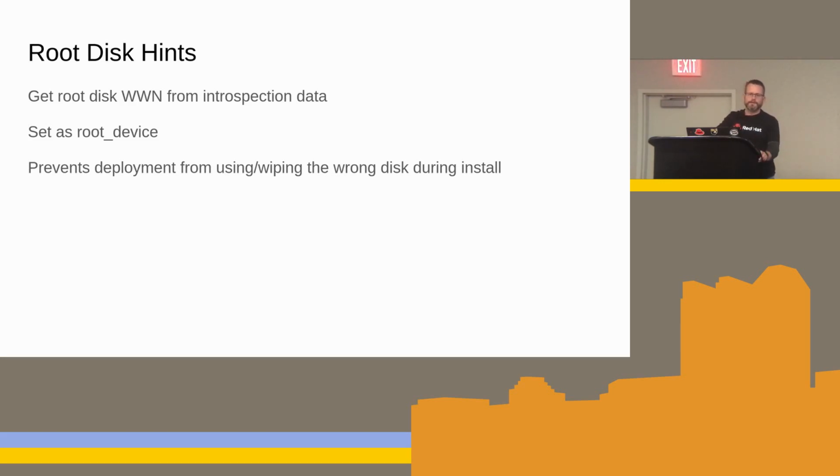So, let's say that you set up this lab and you learn how to do this, and you come up with a way to PXE boot these machines and say, well, today this machine's going to be a dev machine, and tomorrow I'm going to fire it up as a prod machine. You might want to just wipe out the root disk and install the different OS with the different packages, different config, whatever. There might be other disks on there that you don't want to blow away, right? So if you use root disk hints, that makes it a little bit safer.